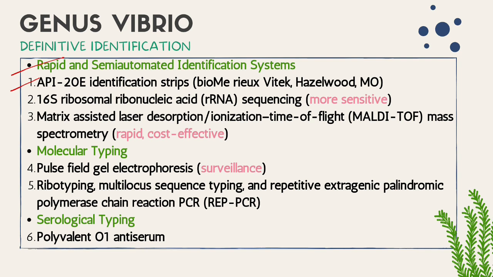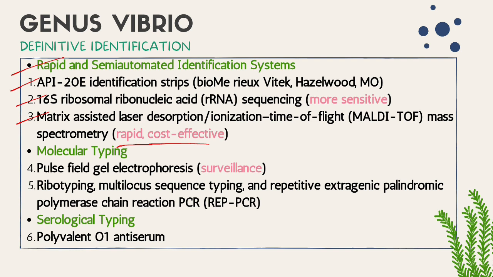The more sensitive, rapid, semi-automated identification system is the 16S ribosomal ribonucleic acid sequencing. So, this is the more sensitive among the three, while the matrix-assisted laser desorption ionization time of flight or MALDI-TOF mass spectrometry is the rapid and most cost-effective among the three. Ayan.